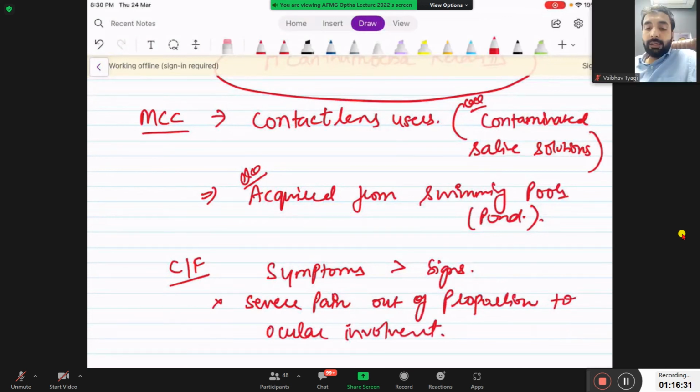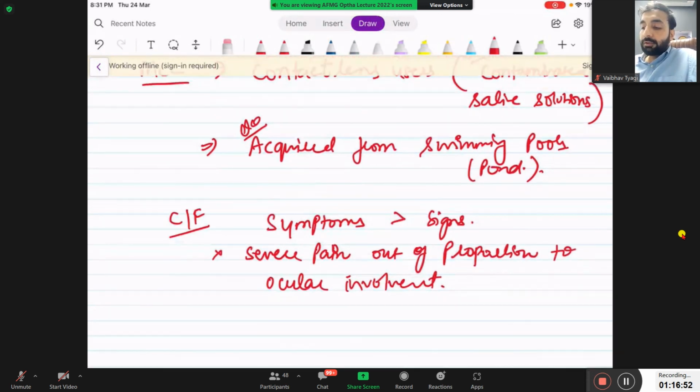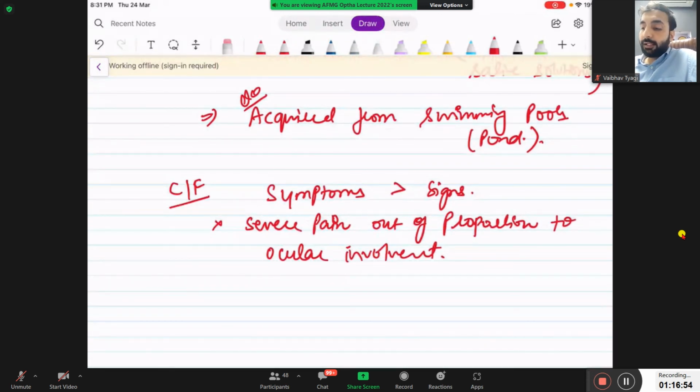Now, if you ask me which is the most painful, bacterial keratitis, fungal keratitis, viral, or acanthamoeba? Pain-wise, acanthamoeba is the most painful one. Why? Because acanthamoeba is directly affecting your corneal nerves.